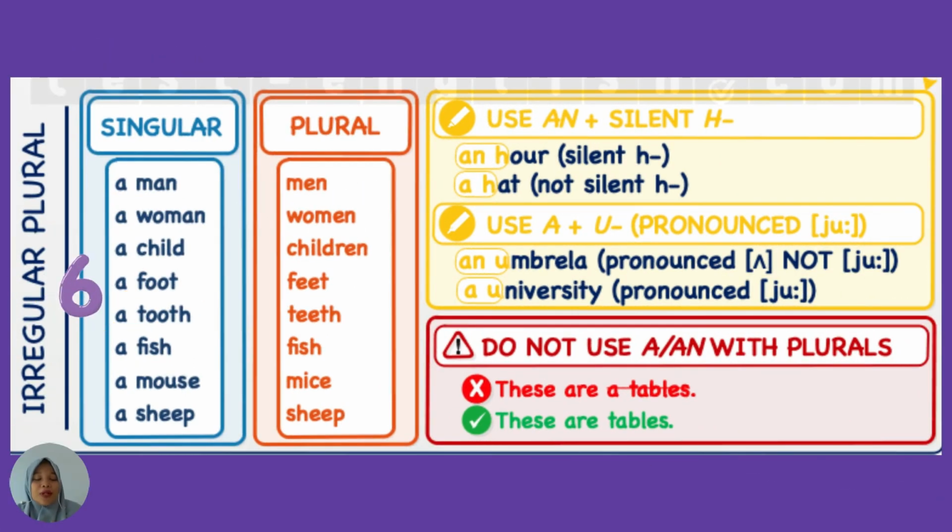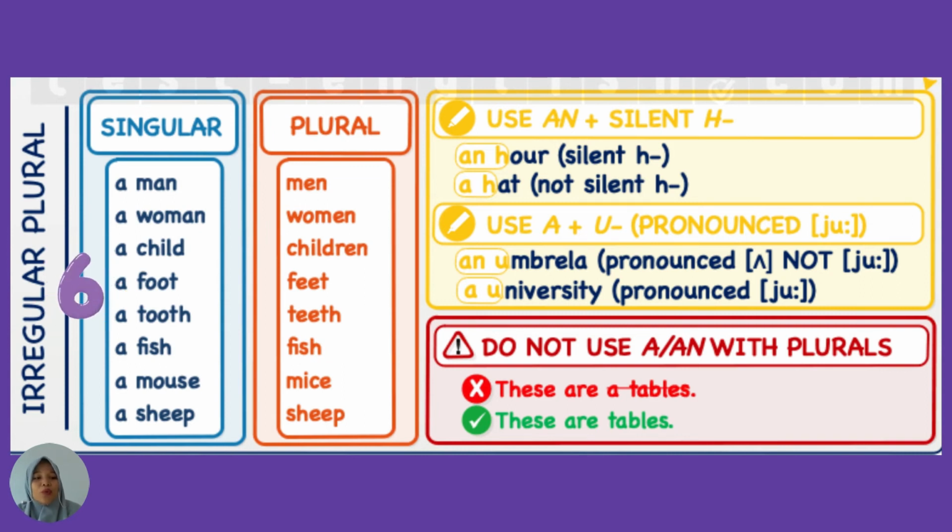Okay, how about the last rule? The last rule is for irregular plural. So, some nouns, when they are singular and plural, it can be changed at all, or it can be not changed at all. For the example, a man, when it is singular, when plural, become men, with A and E, the difference.